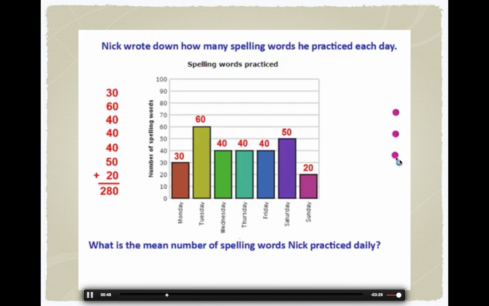And then we will divide it by 1, 2, 3, 4, 5, 6, 7. Divided by 7, and we get 40. So Nick averages 40 spelling words. So that's the mean, or average.